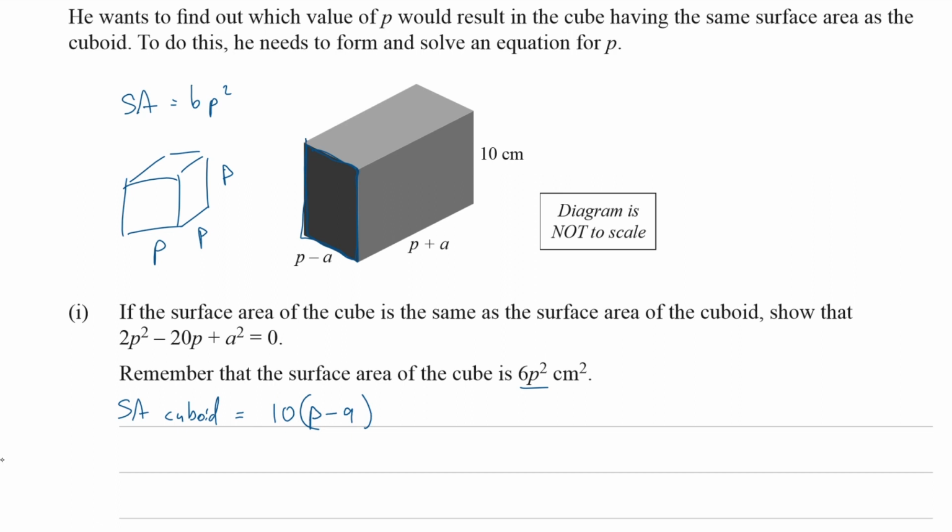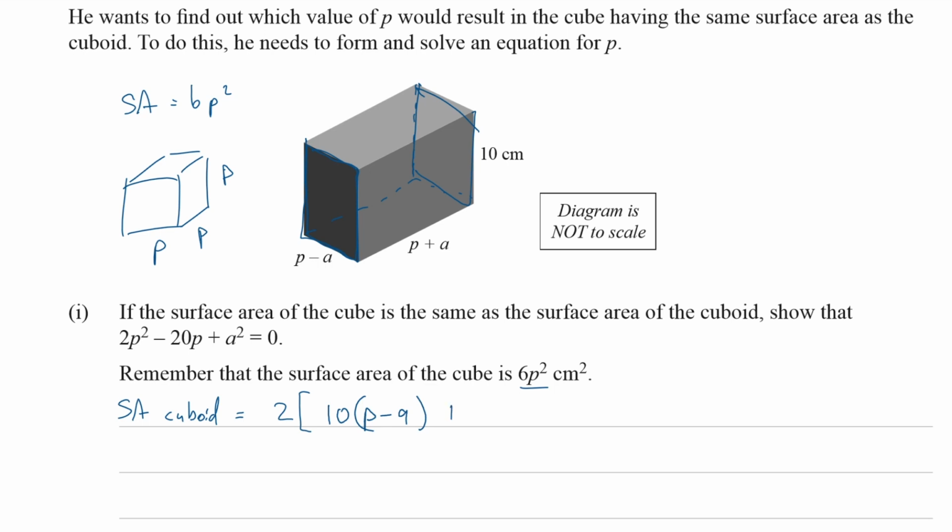It's a little bit hard in 3D, but we know there is another face sort of behind this that we can't see. In fact, each of these faces, there are 2 of them, so I'm just going to put a 2 out the front. This says there are 2 faces that have an area of 10 times p minus a. So we've got those ones done already.